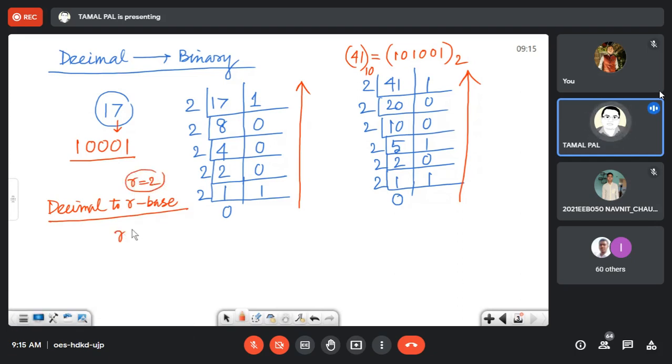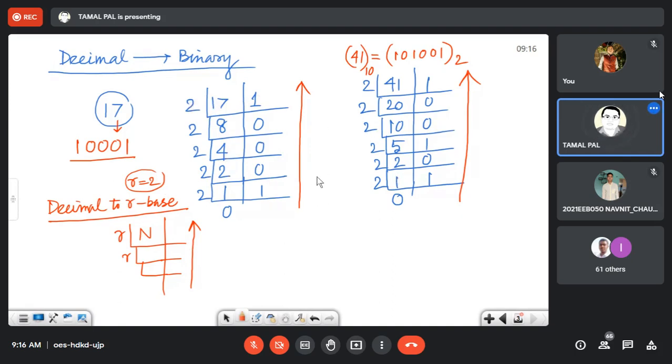So you have to successively divide the number by R, accumulate the remainders, and then read them from bottom to top. This is the general idea of converting a number from decimal to R base. Here I have used R equal to 2 for binary.